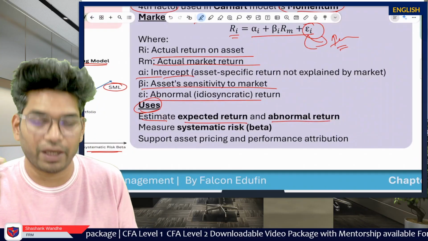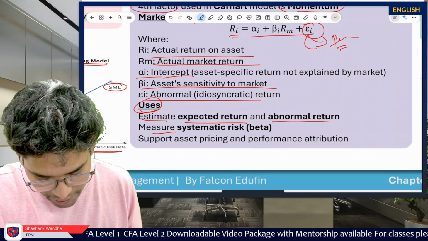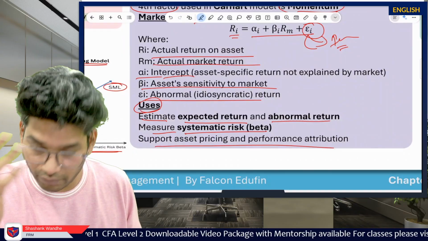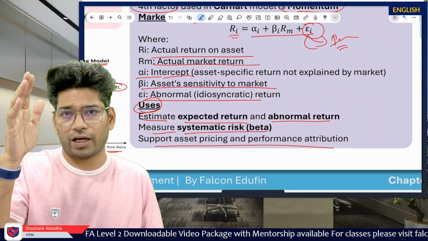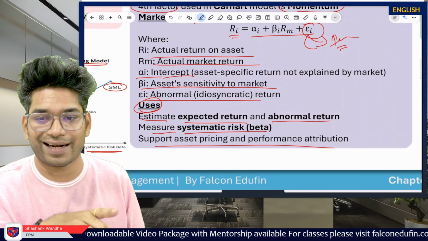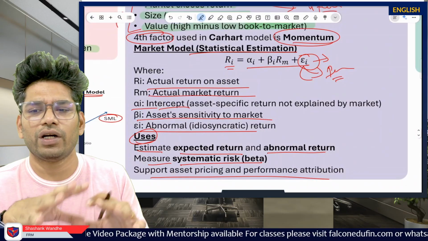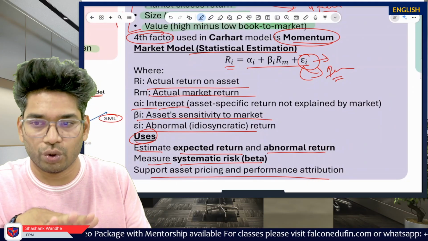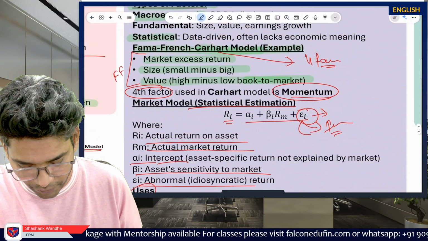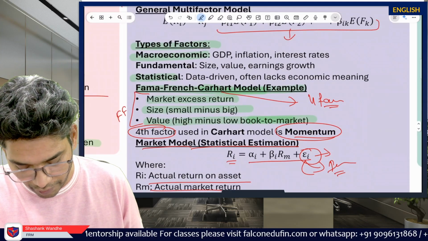The same model can also be used to measure the error term. It measures the systematic risk also. We discussed in the CAPM that beta can be calculated using the statistical model. So this is the same one variable linear equation. What you need to understand here is just know that the market model is there, for statistical estimation, which is the same as the one variable regression.